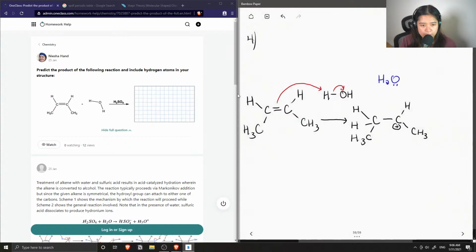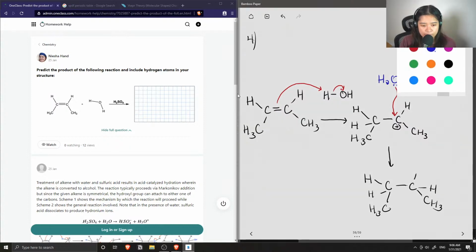Okay, so another water molecule will come in and neutralize that positive charge. And we get the next structure, which now has the water molecule bonded to the carbon. So now the oxygen has a positive charge.